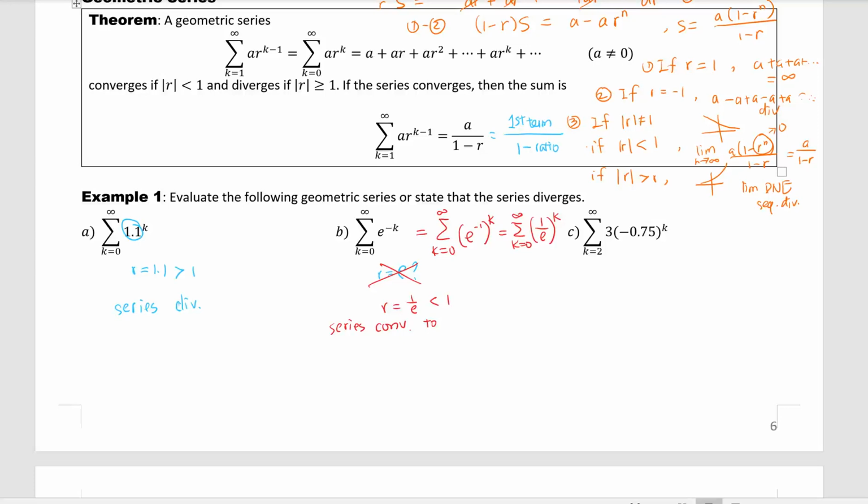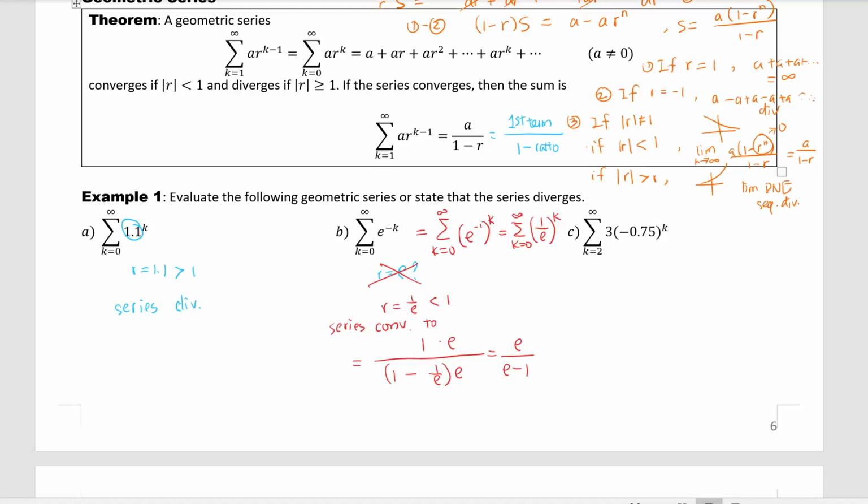To what number? It's the first term over 1 minus the ratio. How do we get the first term? Well, k starts at 0, so you plug k equals 0 into the formula. We get e to the 0, which is 1, and then we have 1 minus the ratio. The ratio is 1 over e. Let's simplify it. Multiply by e on the numerator and denominator. So we have e over e minus 1.